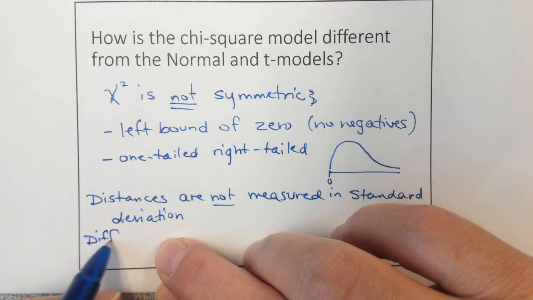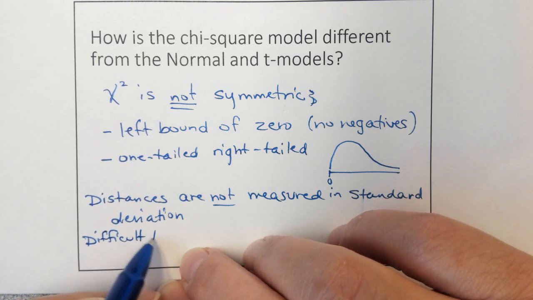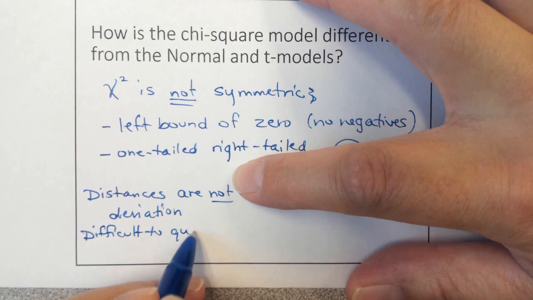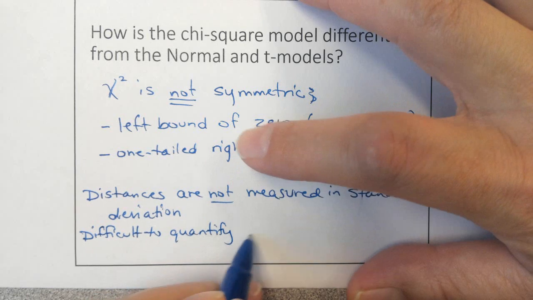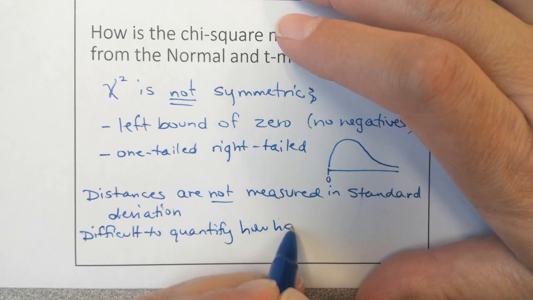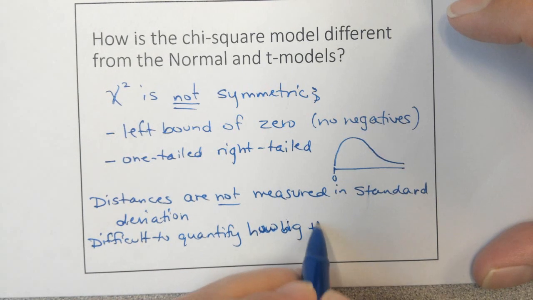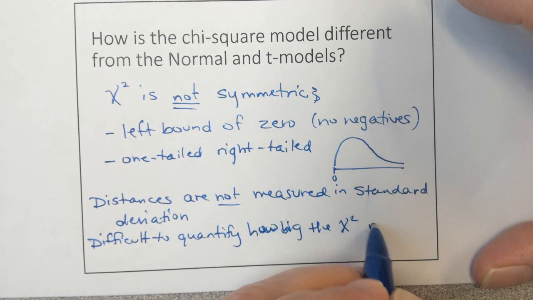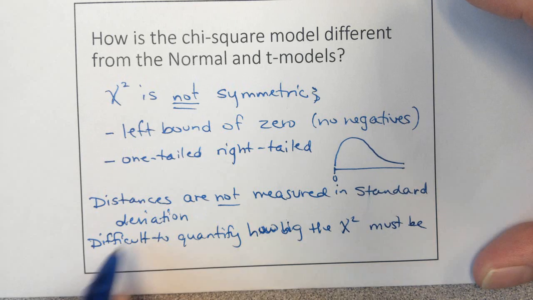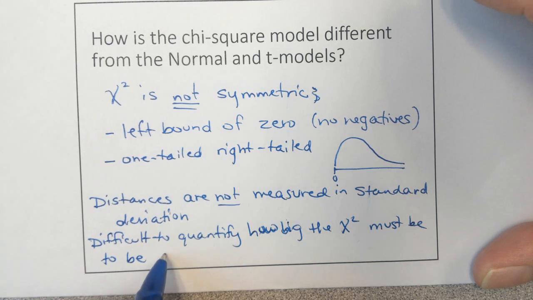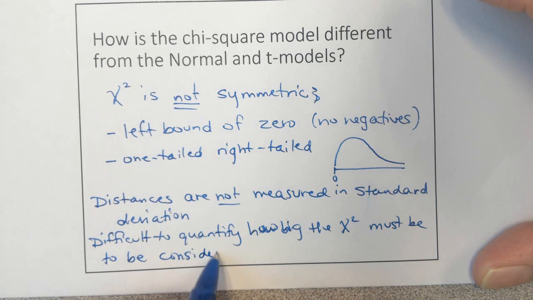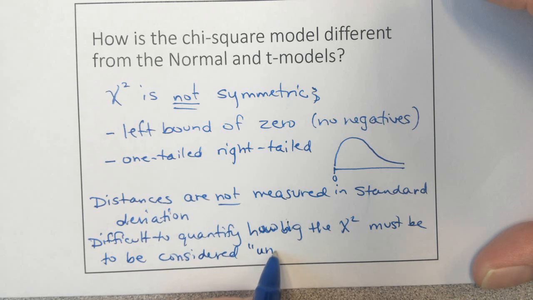It's difficult to quantify how big the chi-squared must be to be considered unusual or statistically significant.